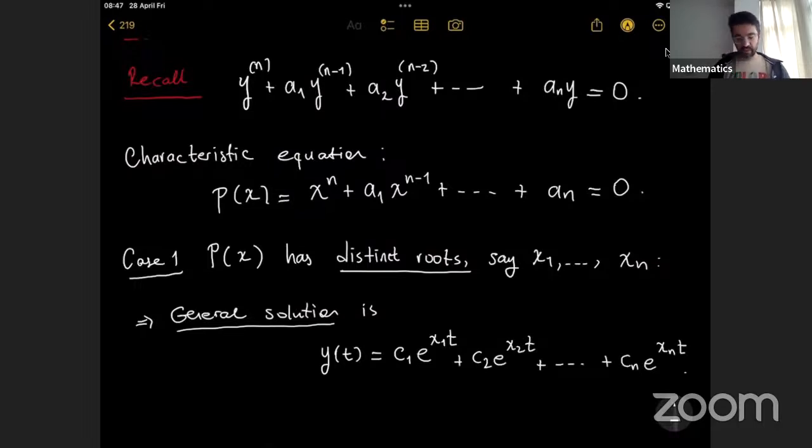So this is the easy case. Now we will discuss today what happens when we have repeated roots. When we have repeated roots, the general solution will be in a different form. Let's discuss this.